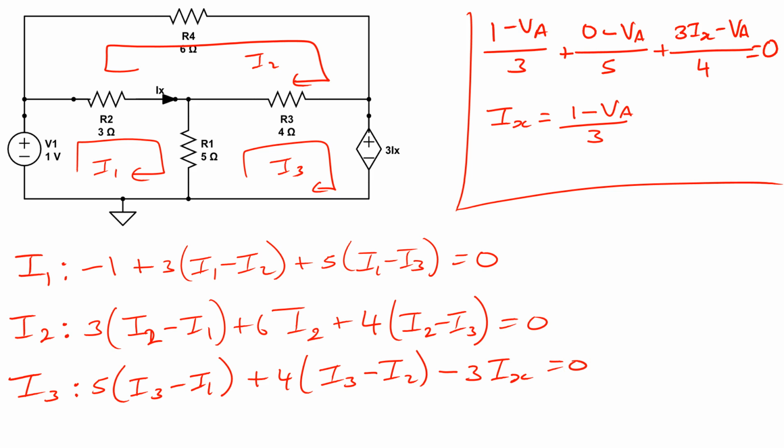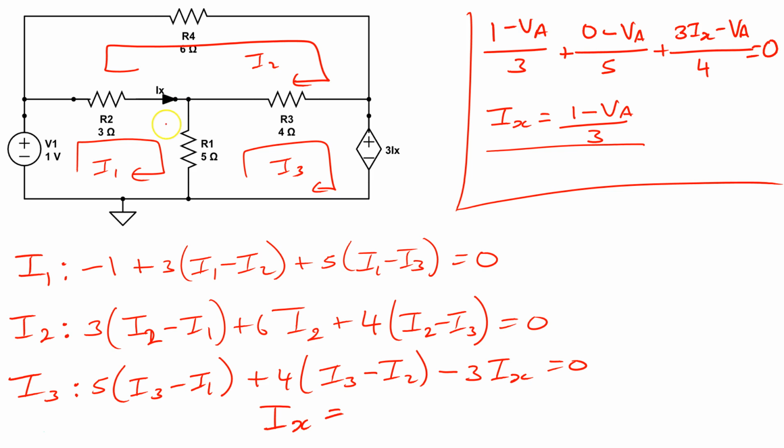And here now I have to find an equation for Ix. But unlike this equation, which gives me it in terms of the node voltages, here I'm working with loop currents. So I have to write the equation in terms of the loop currents.